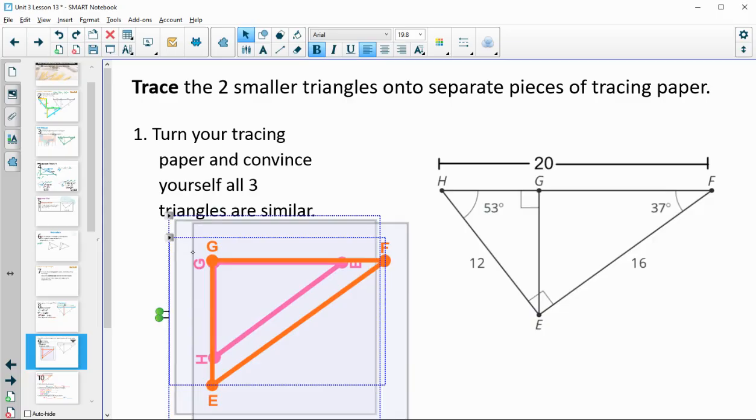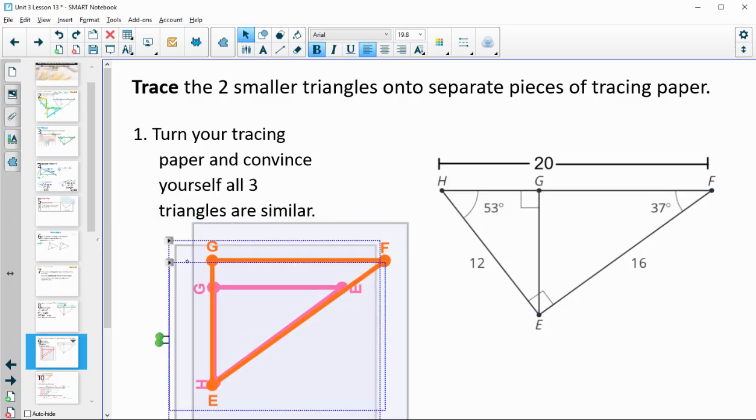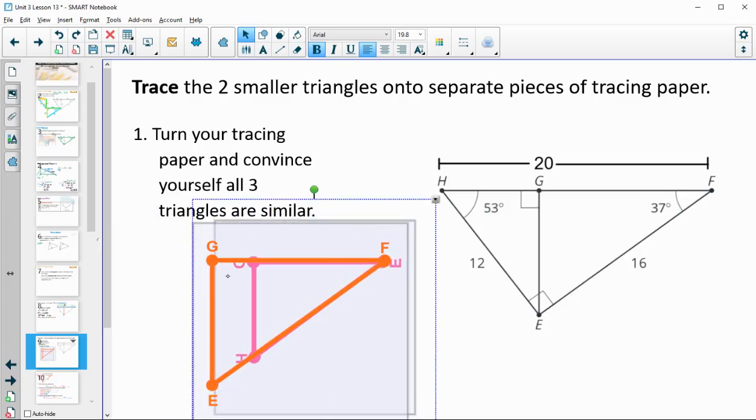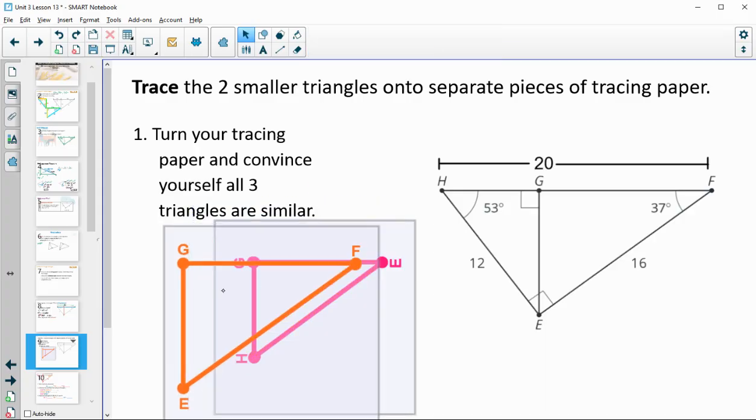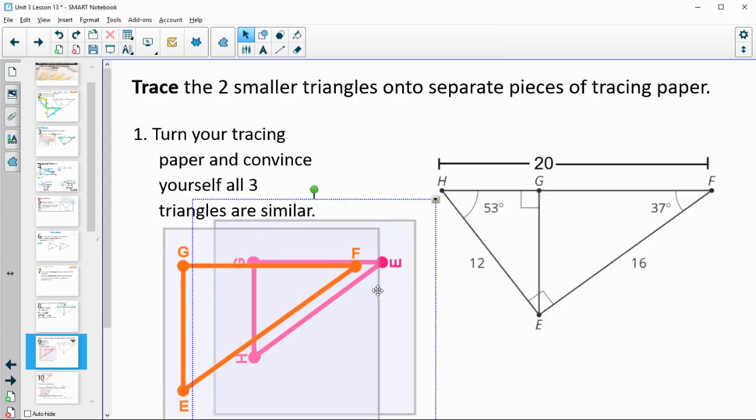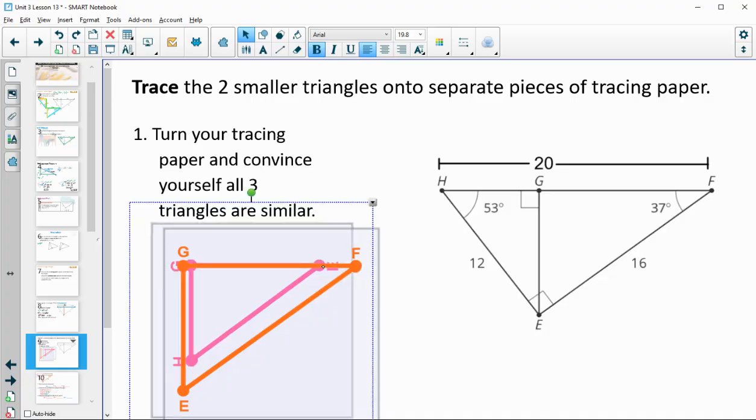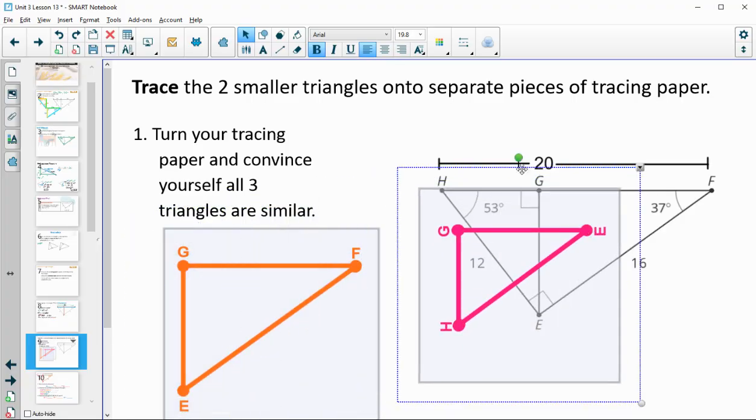We know that they have the 90, and now we can see, if we look at this, that H is the same as E, and also that E is the same as F. So all of those angles are the same, meaning that those two triangles are similar.